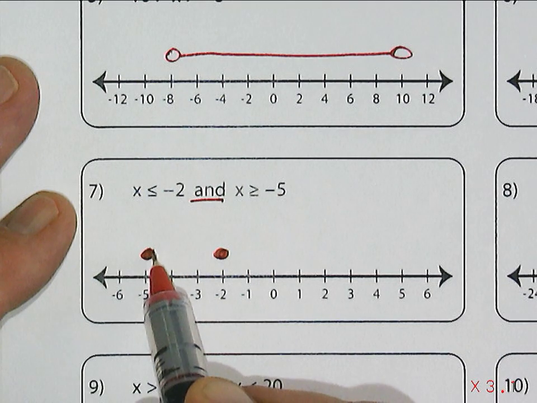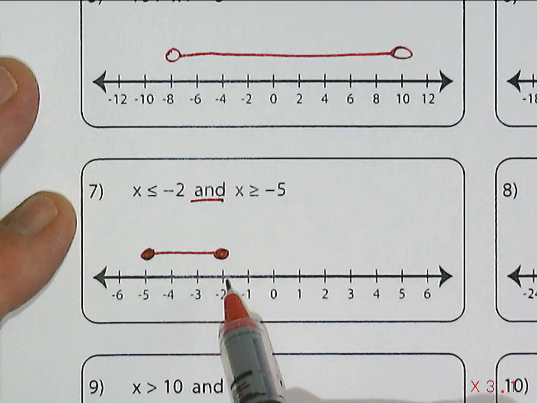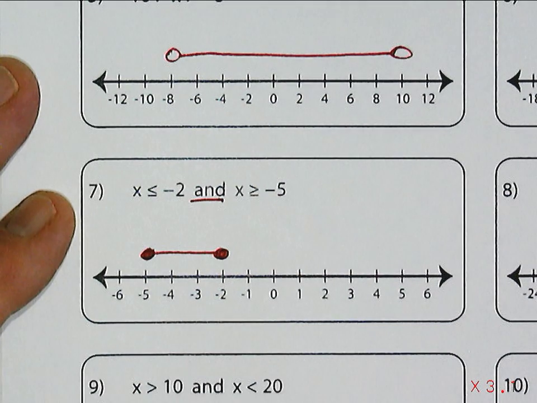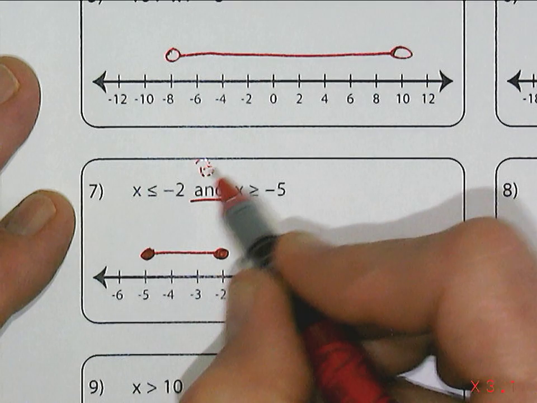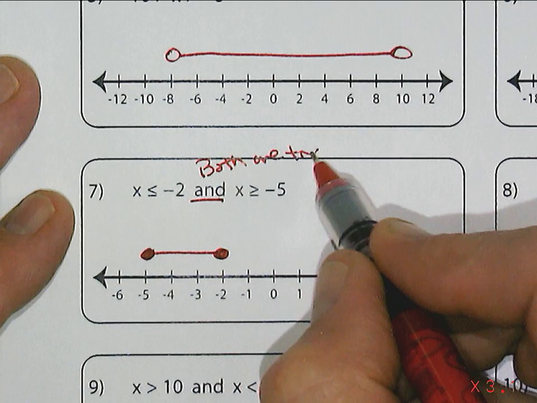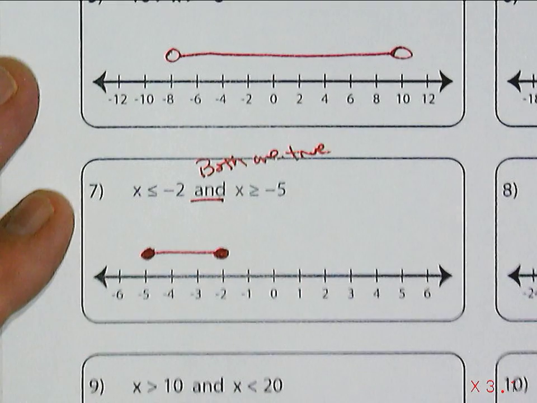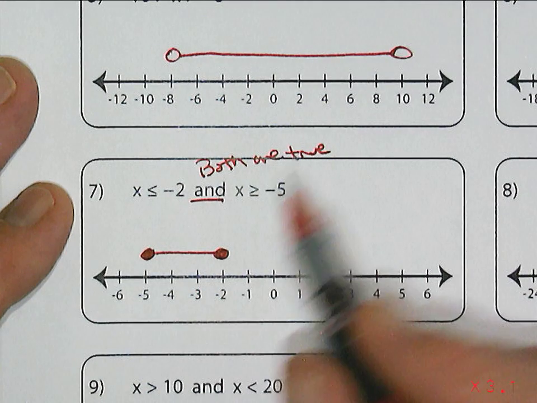So I'm talking in between -5 and -2. And they both have to be true. So both are true. And that's the only place that's true.